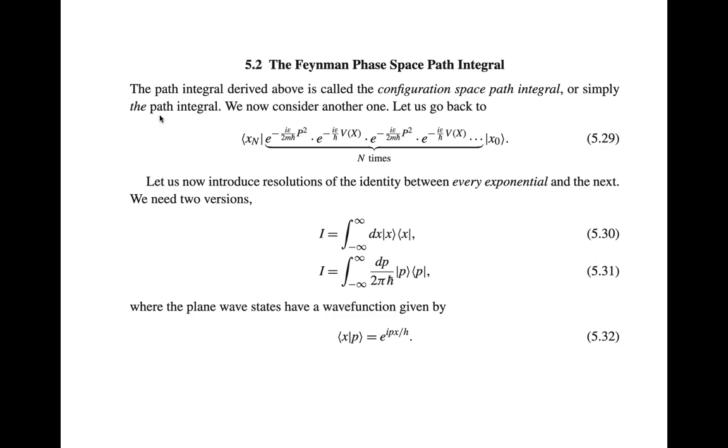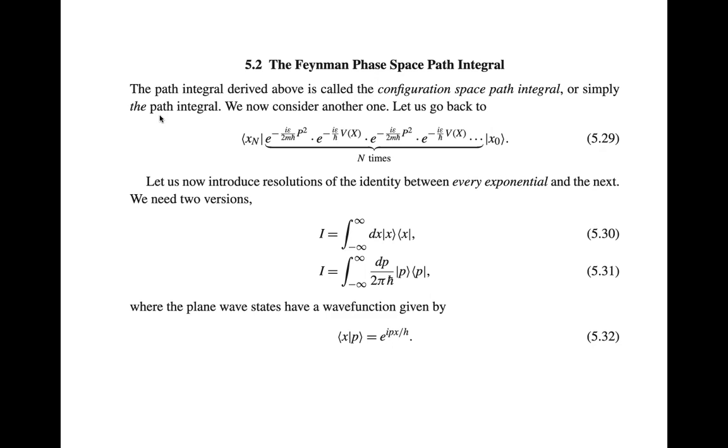More generically, a path integral can be defined in any kind of Hilbert space, in physical Hilbert space. If you accept the configuration space is one example of Hilbert space, which is a position x, right?